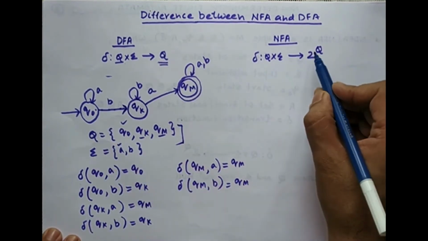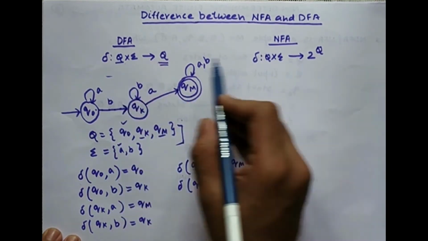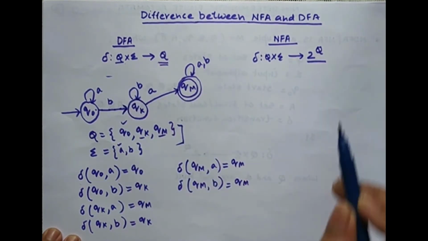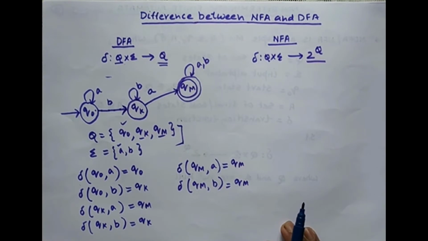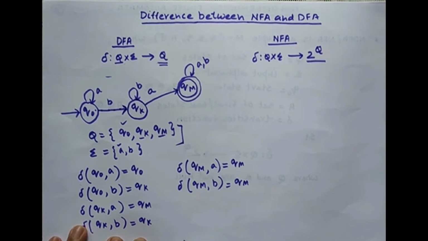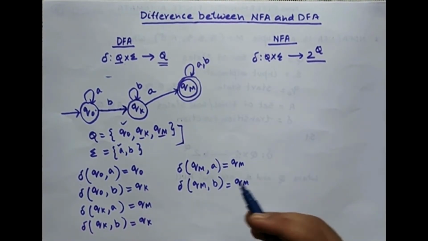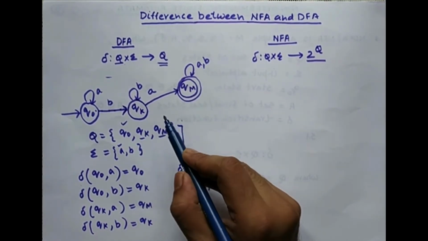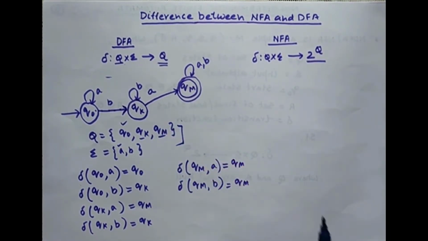Now in NFA, the difference in the transition function is that here I have written 2 raised to Q. So what is NFA? In NFA, the restriction of going to one unique other state is removed. From any state on reading the same input, it can go to n number of different states.